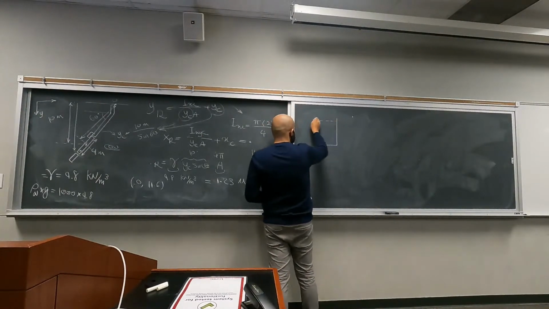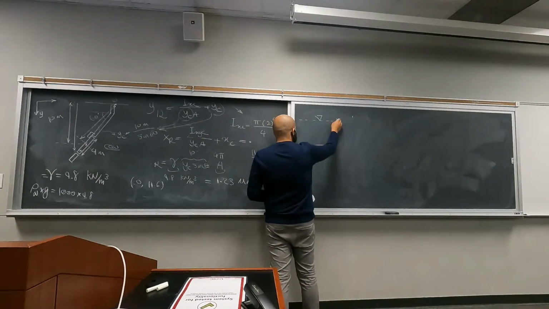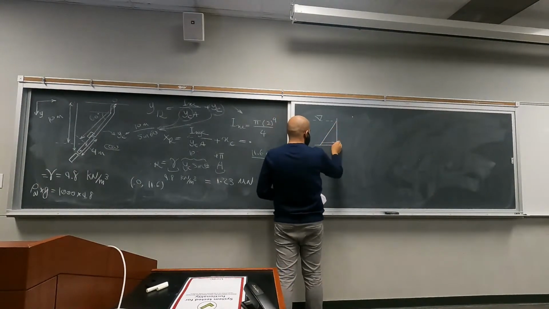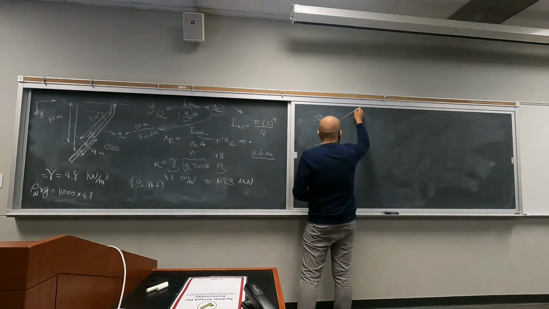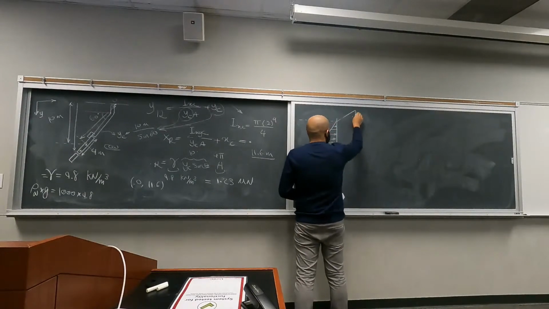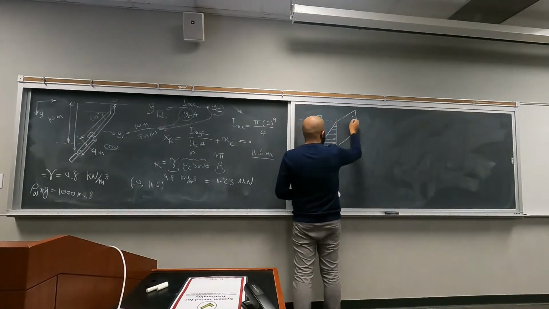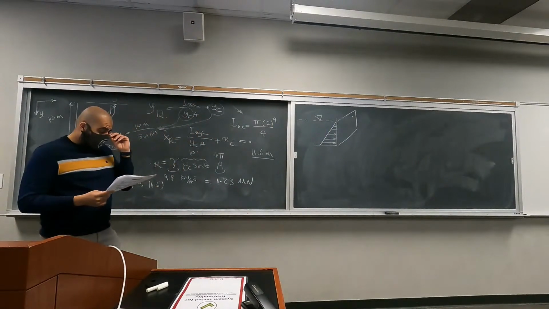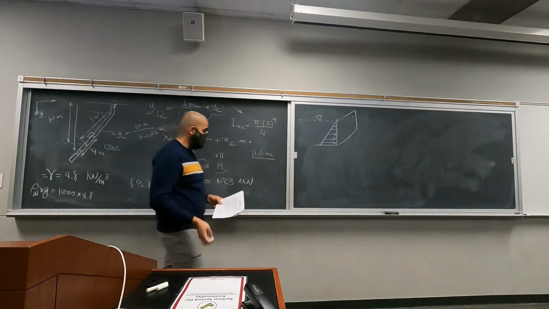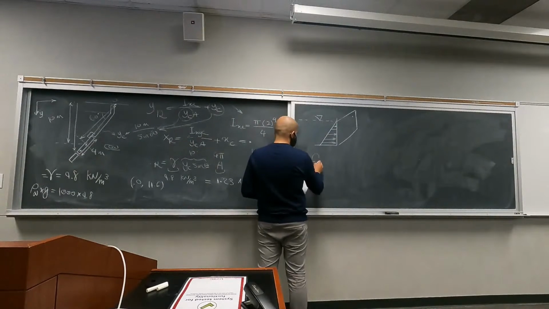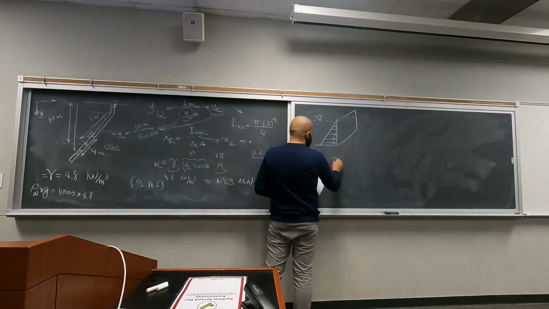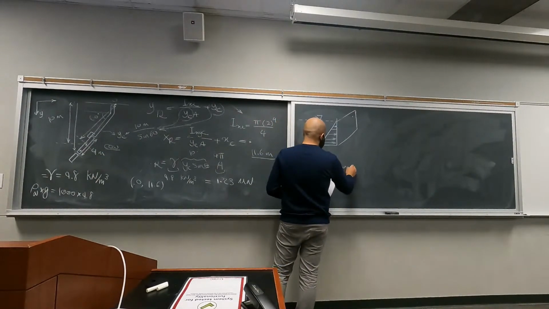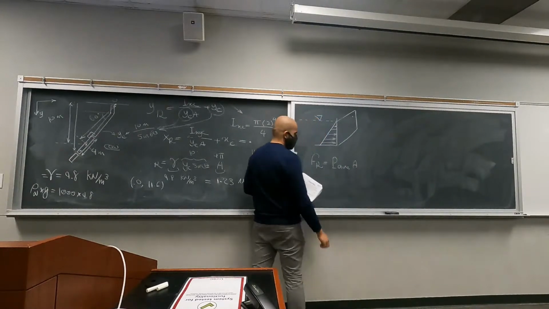Okay, let's look at that wall again. The idea was if this is your free surface, it will have this type of pressure distribution. Total force that is being applied here is going to be equal to the average of this pressure multiplied by the area.